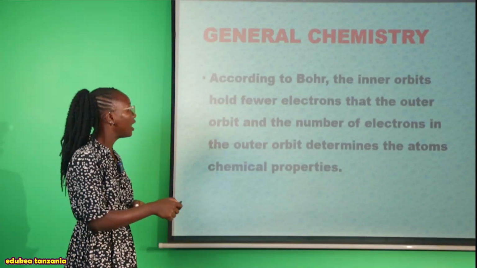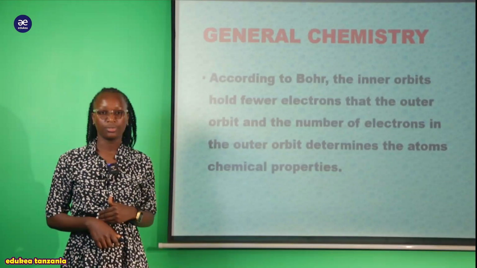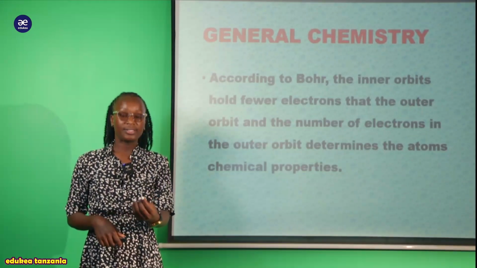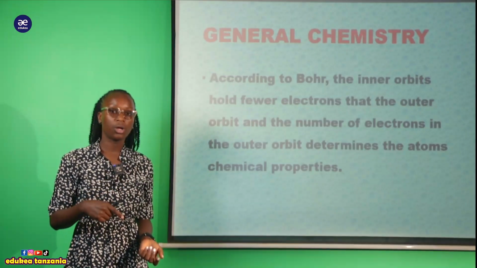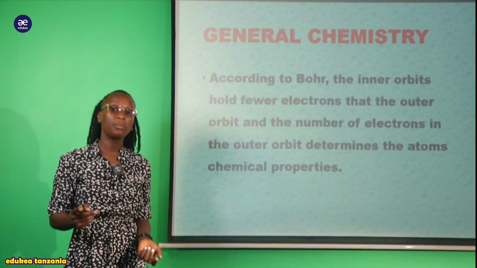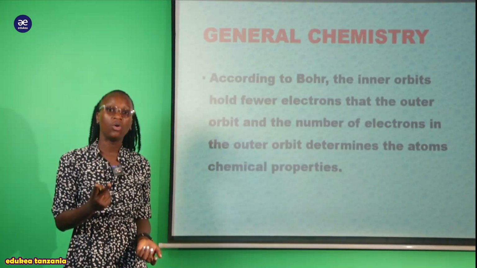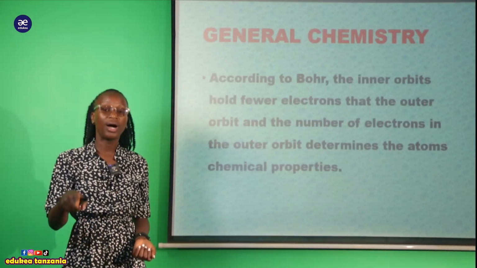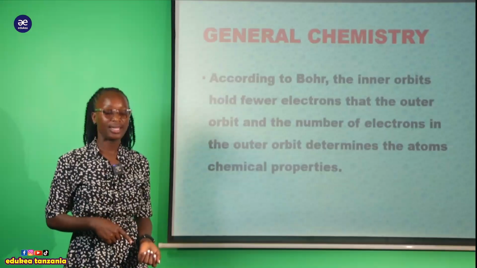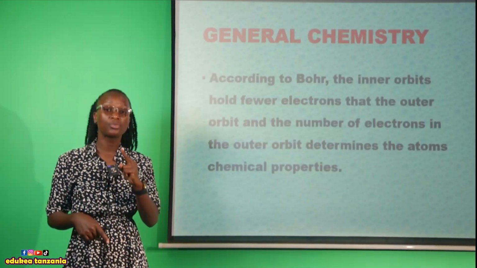Sasa akasema kwamba inner orbit hold fewer electrons, na utadhibitisha pale ambapo unapo draw energy shell utaona kwamba the first energy shell anakuwa na 2 electrons no matter what, lazima ziwe 2 electrons ndio hawa wengine waanze kujaza, lakini ile ya kwanza kabisa anakuwa na maximum 2 electrons.